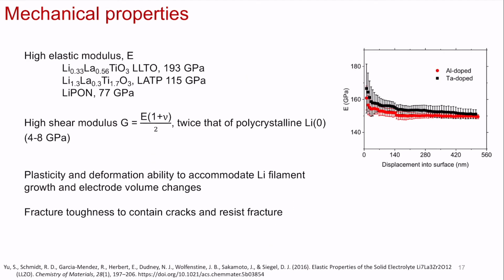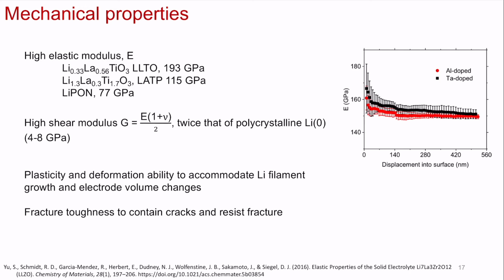And then there's mechanical stability, because what we've seen in terms of filament growth suppression is that for the oxides, LLTO, LATP, LiPON, I've listed some of the more common ones, the elastic modulus, so how stiff it is, is extremely high.